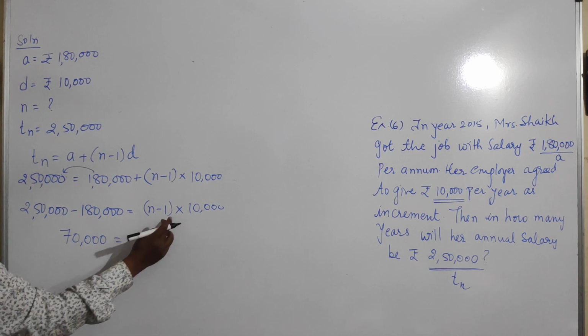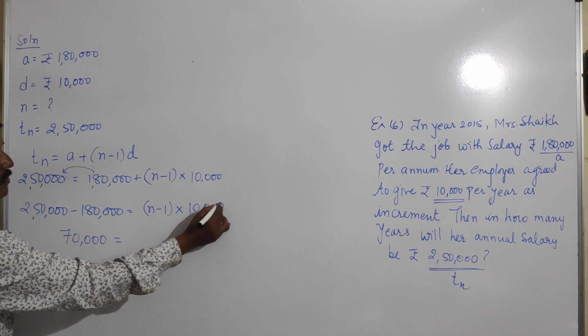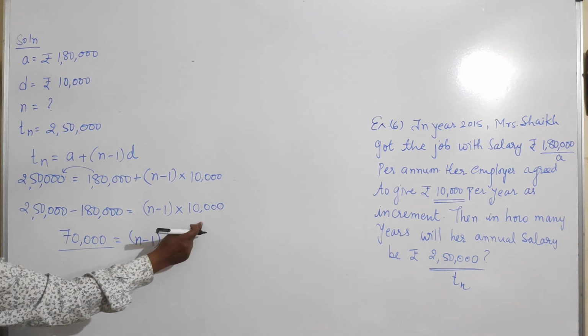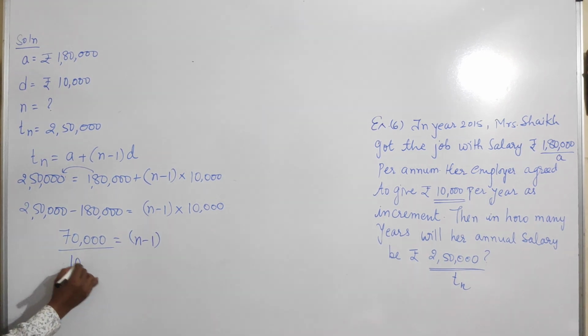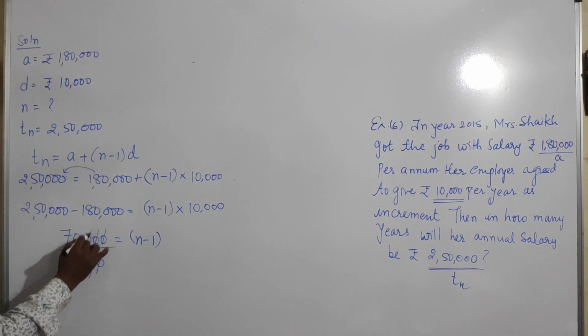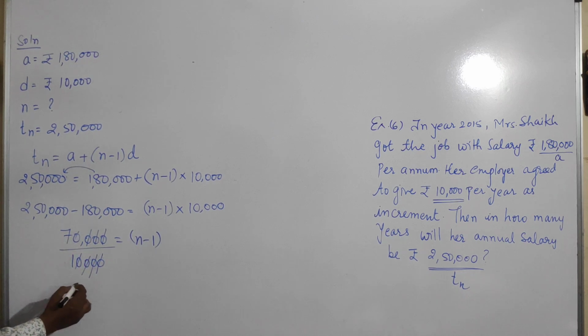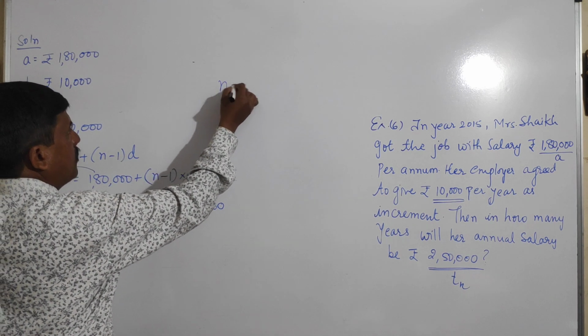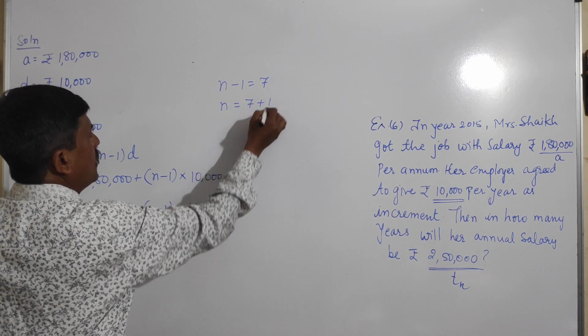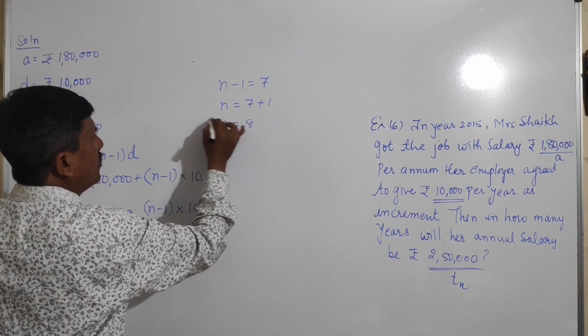It is 70,000, right? The multiplication goes to the other side and becomes divide, so 70,000 divided by 10,000. Therefore 7 is equal to n minus 1, right? Therefore n minus 1 is equal to 7. Therefore n is equal to 7 plus 1. Therefore n is equal to 8.